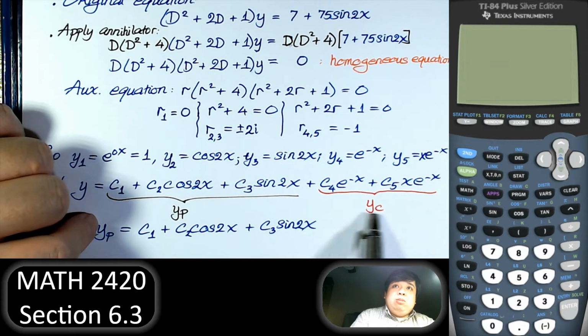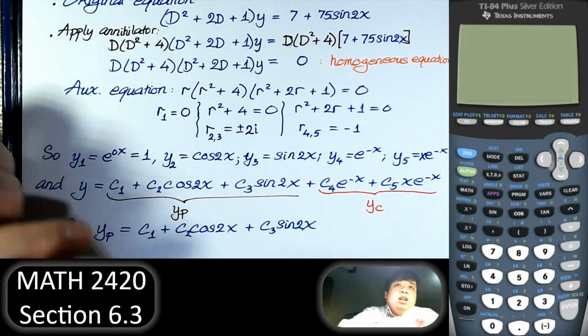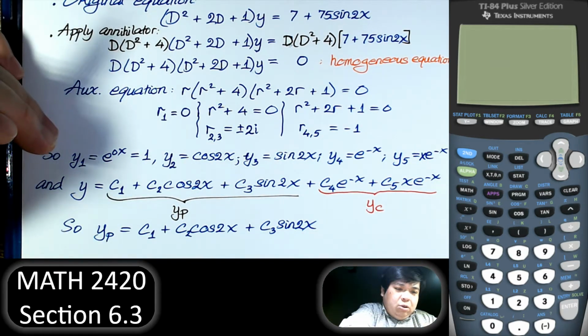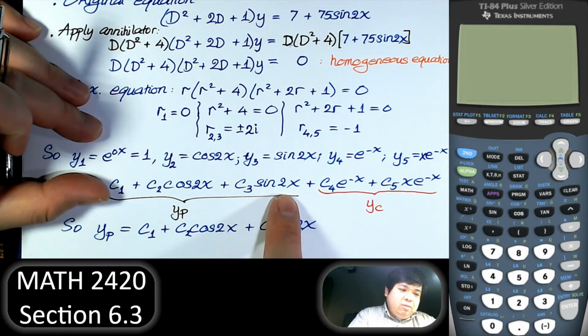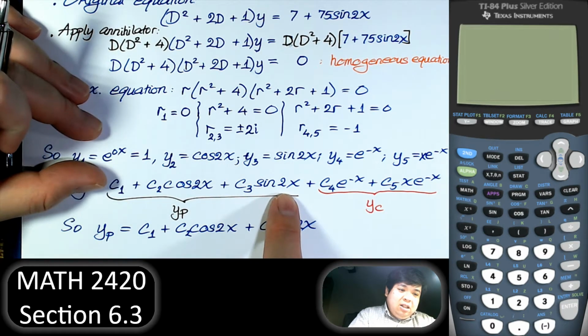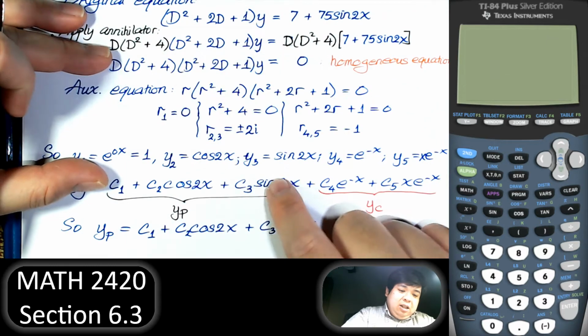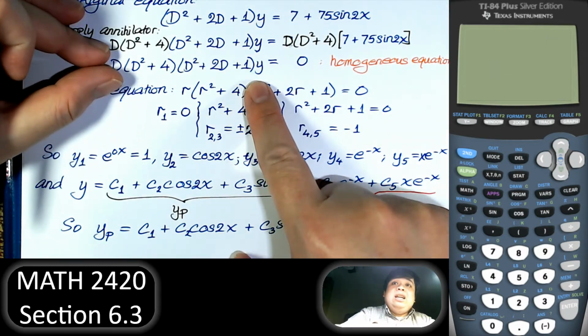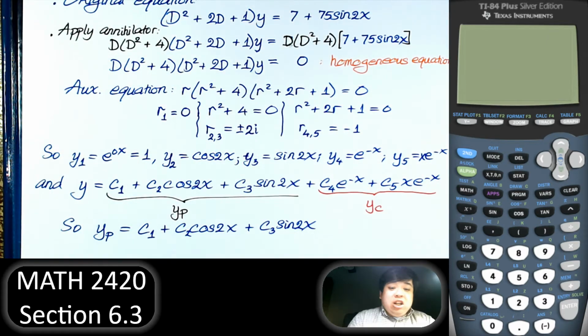We'll have the complementary solution, and what's left will be the particular solution. And they'll say, does that come from the annihilator? I will say yes on this one. But in general, it might not just come from the annihilator. You will see.